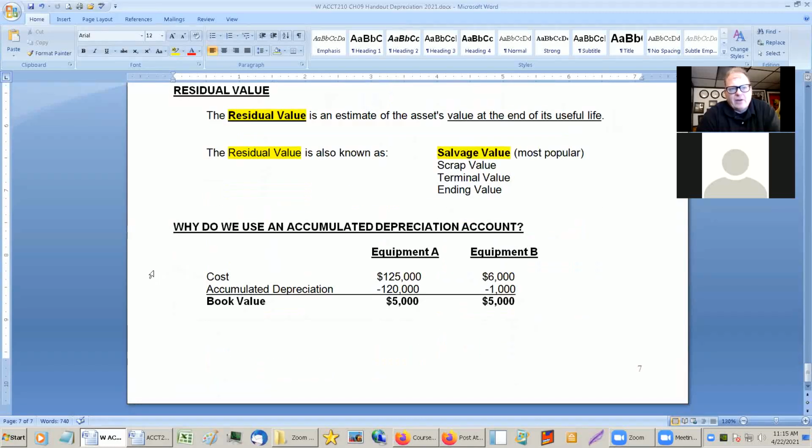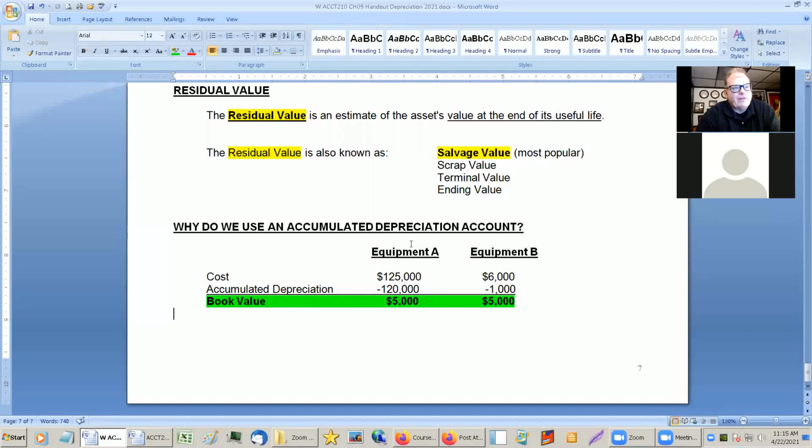First of all, there's nothing theoretically wrong with that. But having the accumulated depreciation account, I'm pretty sure I told you guys this before, it's quite possible that it gives us more information.